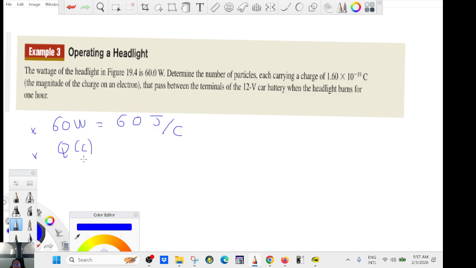You don't know how many charges you need, but the charge goes through 12 volts. So let's find Q first, the amount of coulombs. The battery gives, converting chemical energy to electric potential energy, 12 joules per 1 coulomb.